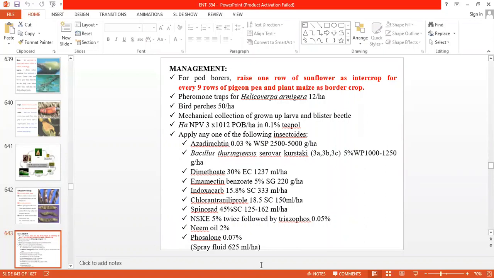Pheromone traps for Helicoverpa armigera: 12 pheromone traps should be installed per hectare. Bird arches: about 50 bird arches should be installed in 1 hectare area.